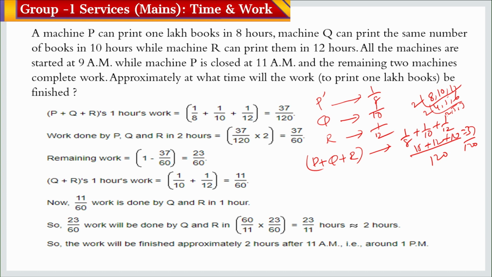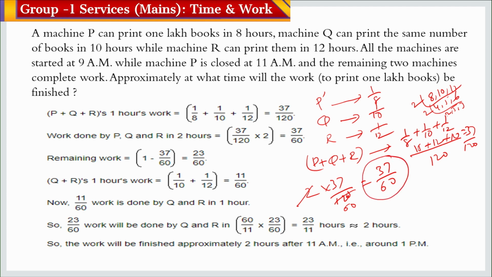The work done by P, Q and R in 1 hour is 37 by 120, in 2 hours it is 2 into 37 by 120, it is 37 by 60 because 2 ones are 2, 2 60s are 120. This is the work done by the 3 machines for 2 hours.